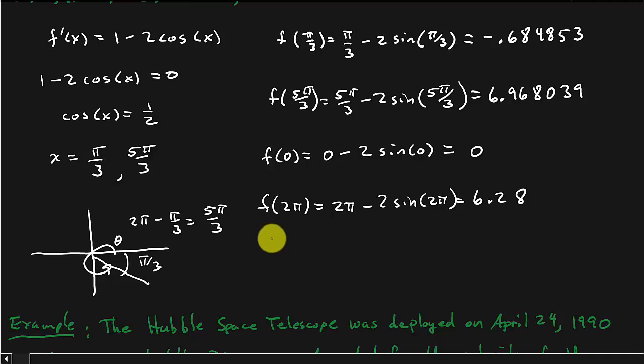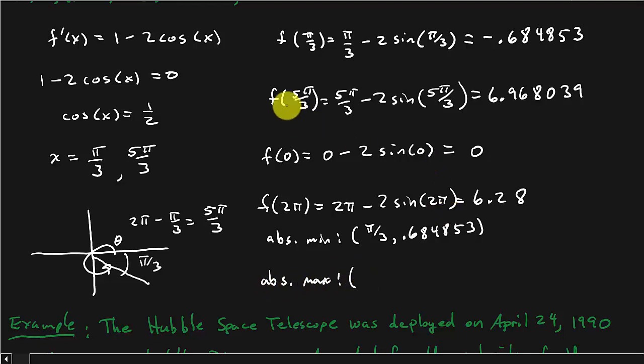Well, we've got an absolute minimum where? At pi over 3, right? This is the lowest value, -0.684853. And we have an absolute maximum where? Well, there's the largest one at 5 pi over 3.